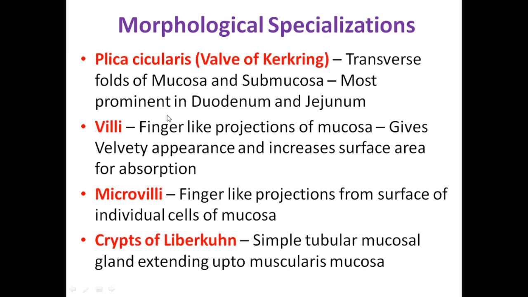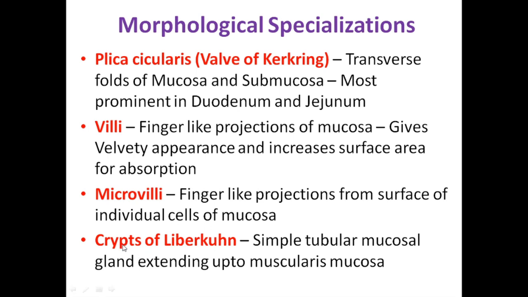So by these three modifications, plica circularis, then villi and microvilli, there is an increased amount of folding towards the lumen of the duodenum, jejunum and ileum, and by that they increase the surface area of these structures so that more absorption and faster absorption can be done.